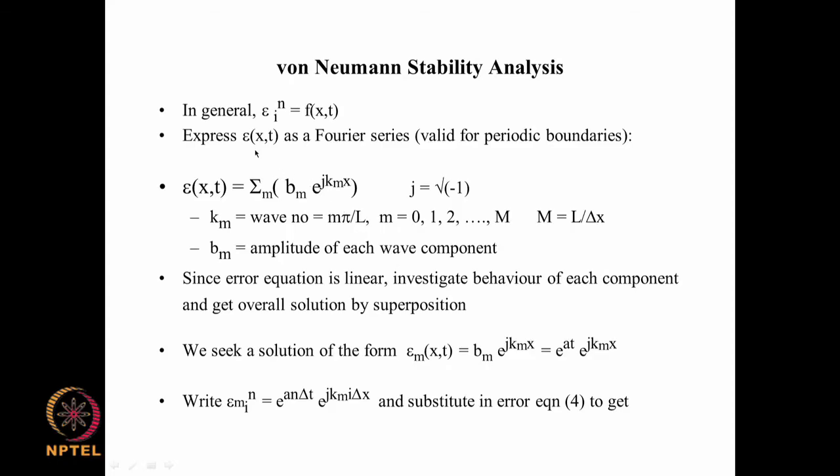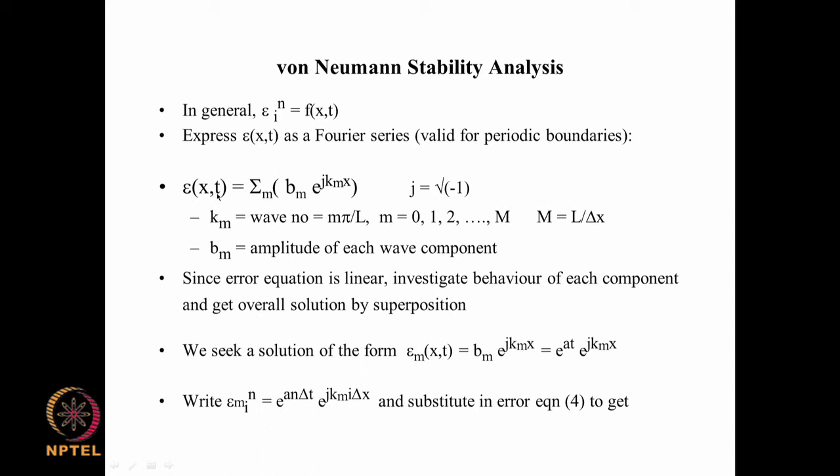So, we make use of that possibility to decompose the spatial distribution of error, that is epsilon x, as a Fourier series, and because we are assuming periodic boundary conditions, it is possible to express the error at any time t as a finite number of wave modes of this particular form here.